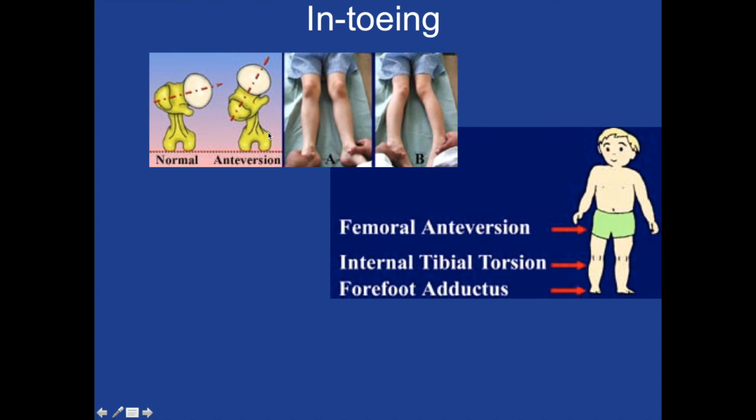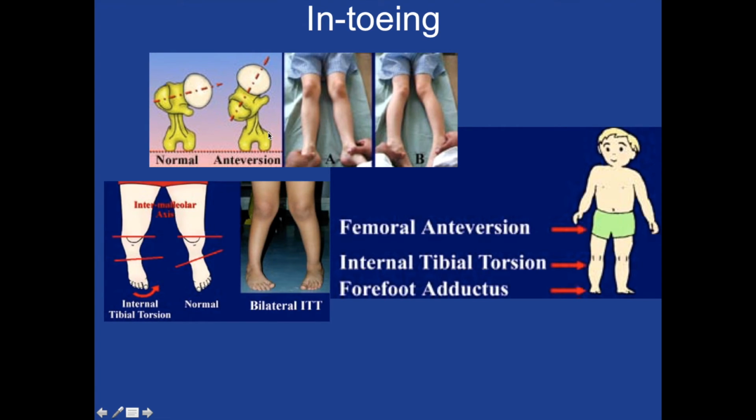And this is a patient that has internal tibial torsion, and so the tibia is turned inward. This is the normal side, and on this patient right here, both have bilateral internal tibial torsion, although it looks like the right is a little bit more, and so really this portion of the leg is rotated in.